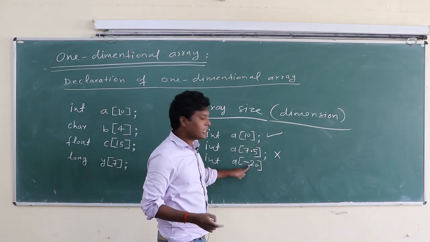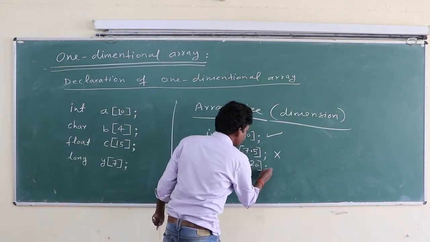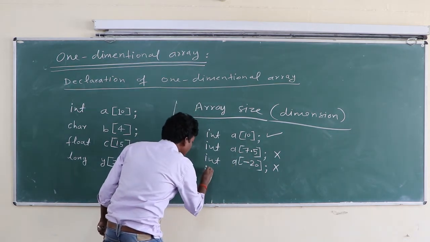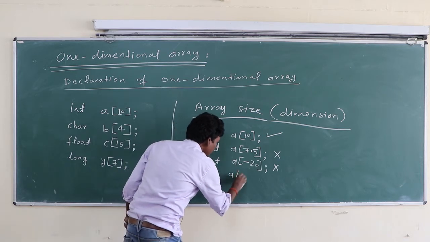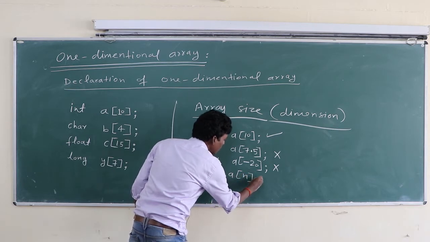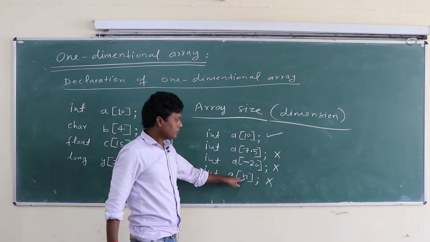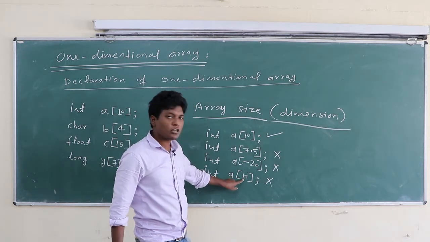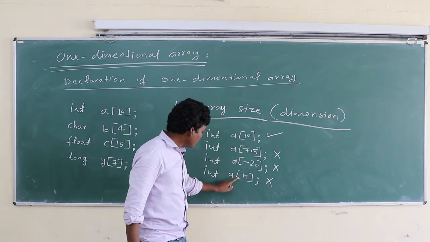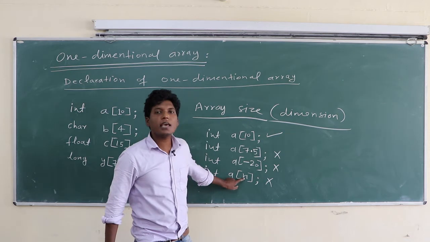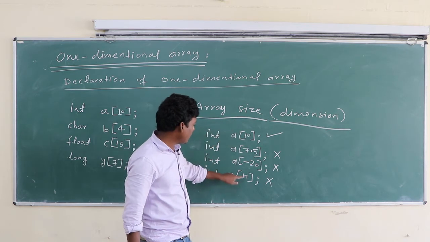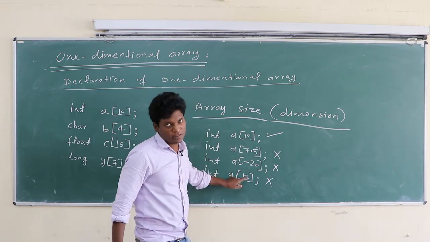Array size must be a positive integer, so this is also wrong. And if you write int a of n, where n is a variable, this array declaration is also wrong, because the array size is n, and n is not defined above and has not been given any value. So if n is a variable, then it is wrong.